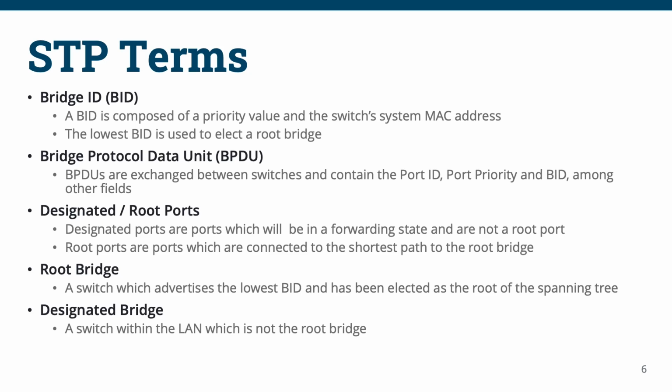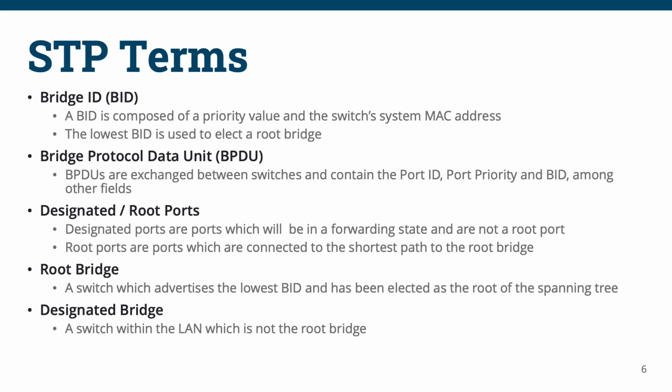Now, consider though that manufacturers generally manufacture devices and assign MAC addresses sequentially. So, older devices have lower MAC addresses. This means that if you do not choose and configure your root bridge intentionally, then your oldest and least powerful switch could end up winning the root bridge election. This is why it's very important to always choose your root bridge intentionally.